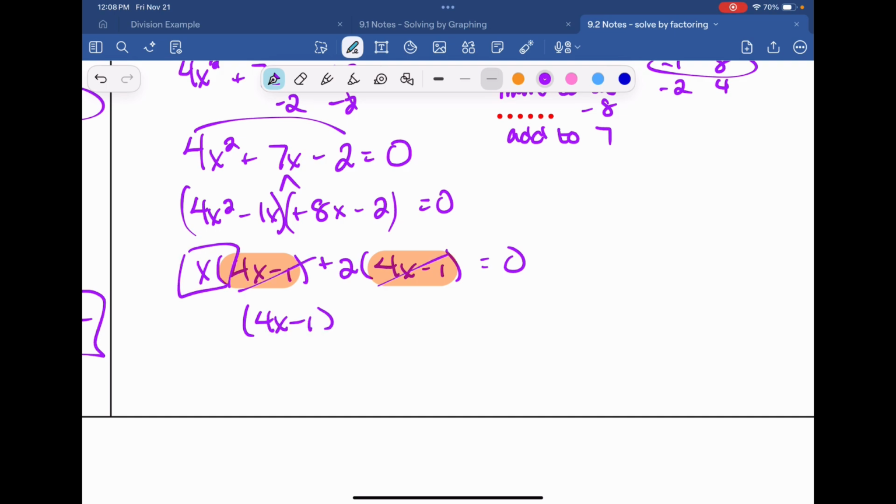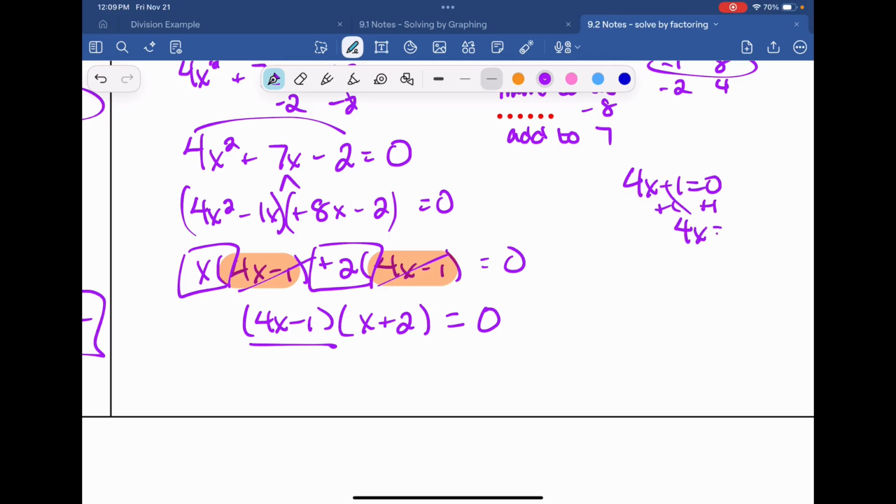Whatever is left. If it's got a variable, it has a solution. Set that equal to 0. So add your 1. Divide by 4. Set that one equal to 0 as well. Subtract 2.